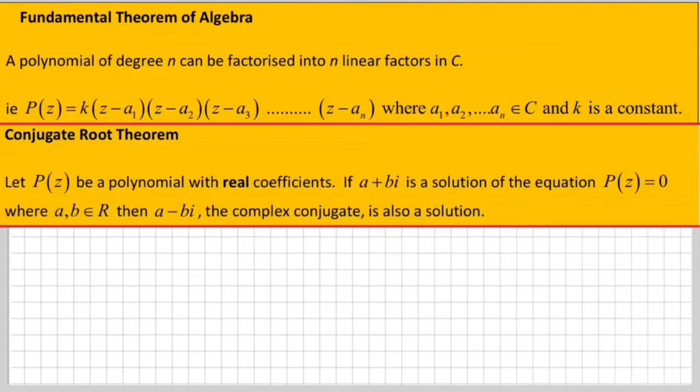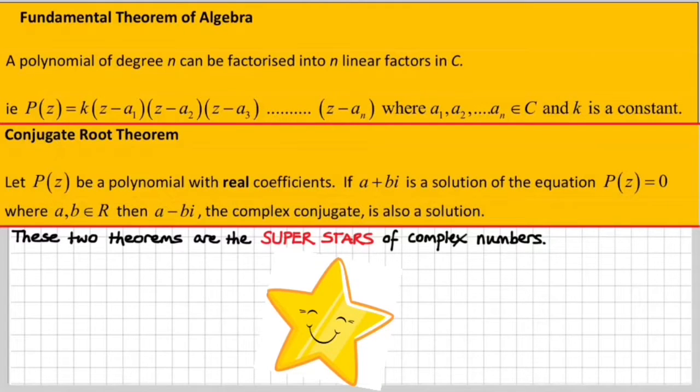In other words, if the coefficients are all real, you're either going to get reals or complex conjugate pairs for your solutions. And these are the superstars of complex numbers.